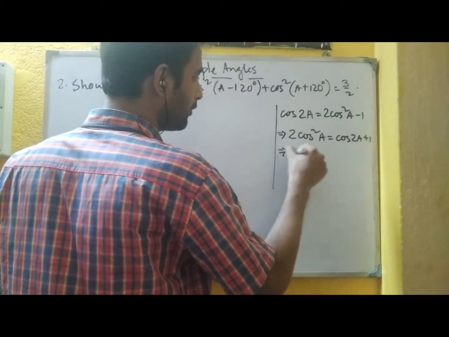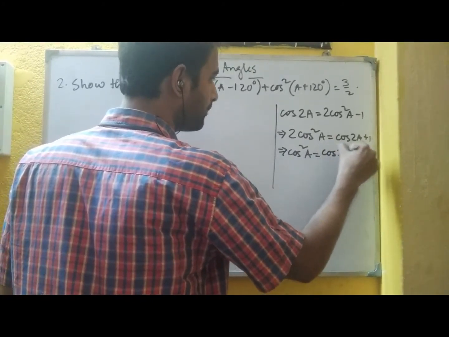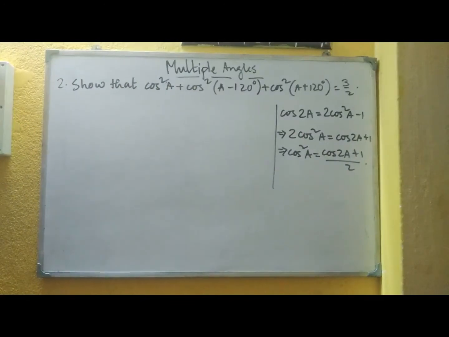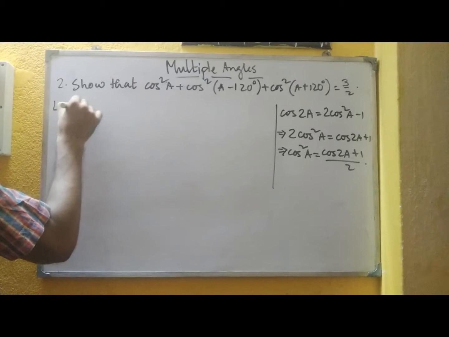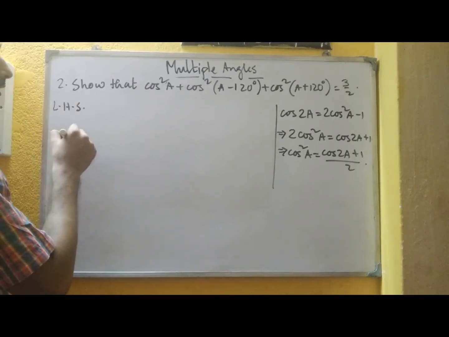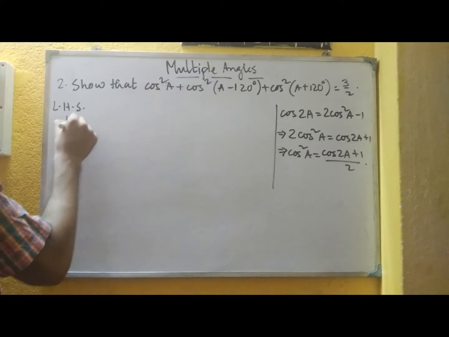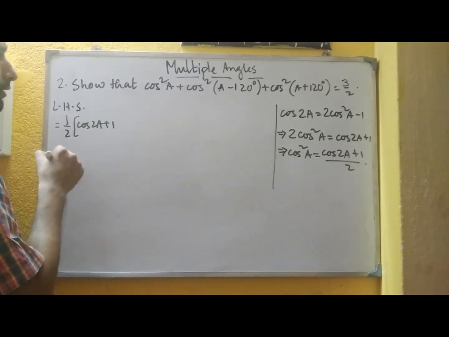And then cos square a is cos 2a plus 1 whole divided by 2. So if this is the case, we can start with the LHS, and for cos square a we can write half into cos 2a plus 1.